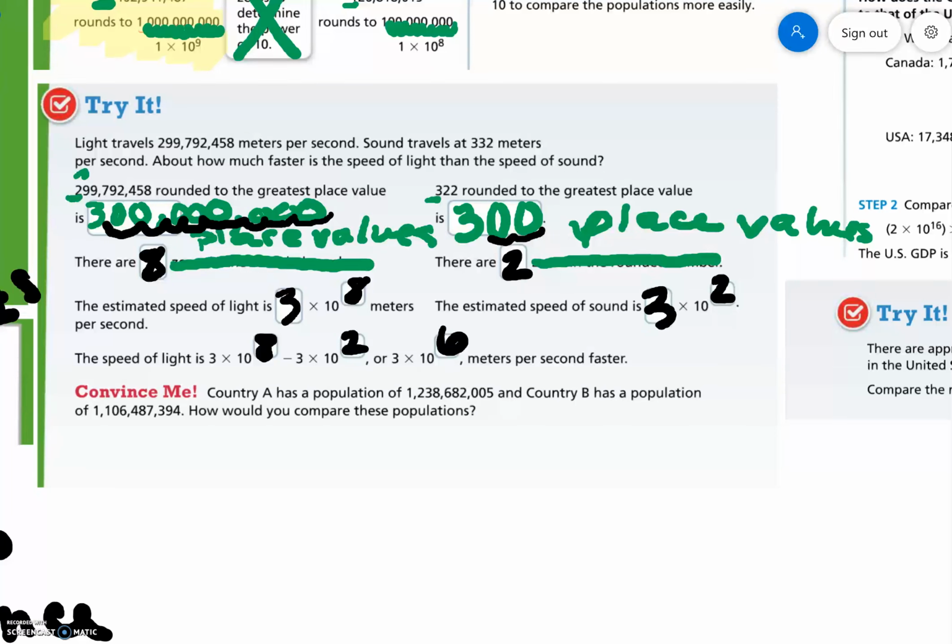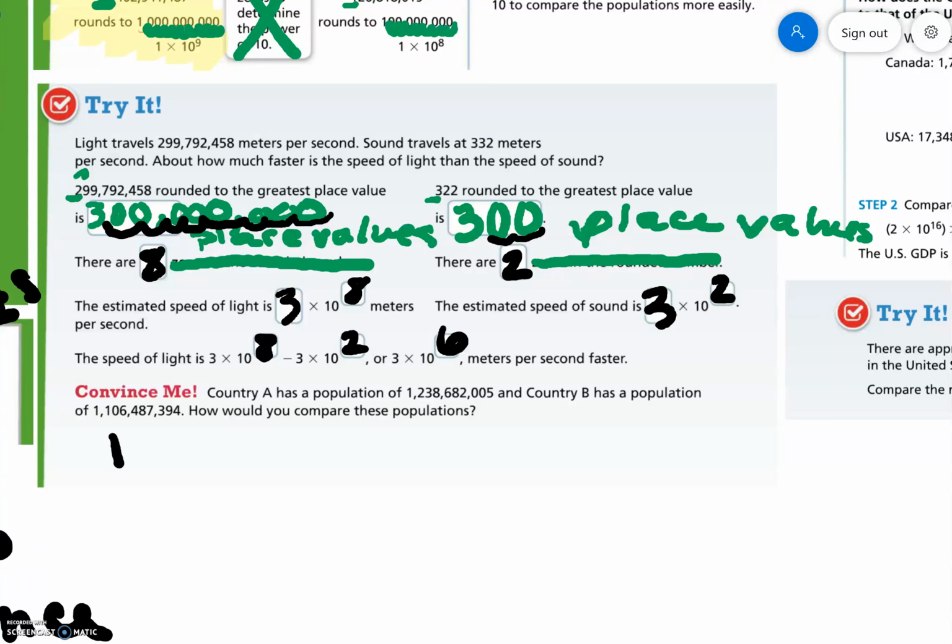238,682,005. And country B has a population of 1,106,487,394. How could you compare these populations? See, I still have a problem with that. So in order to compare the populations, we do what we just did.